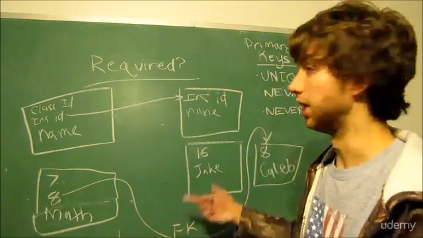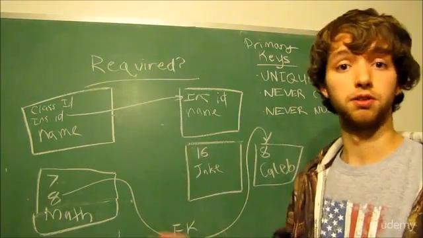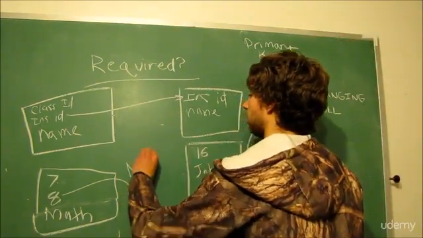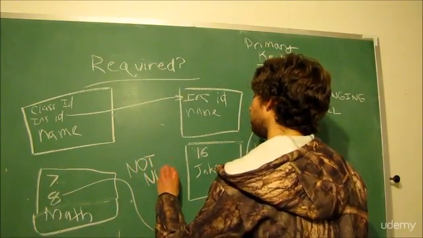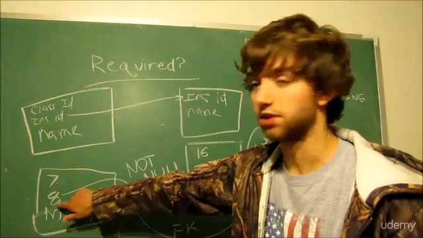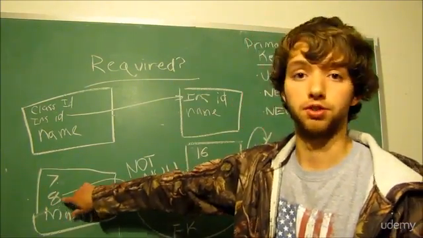Now, with the not null thing, if we added the characteristic not null, well, that means this row is going to have a value for the instructor ID.